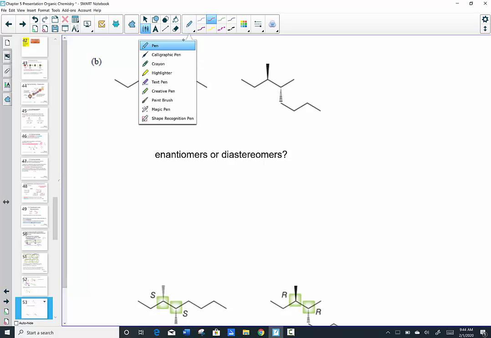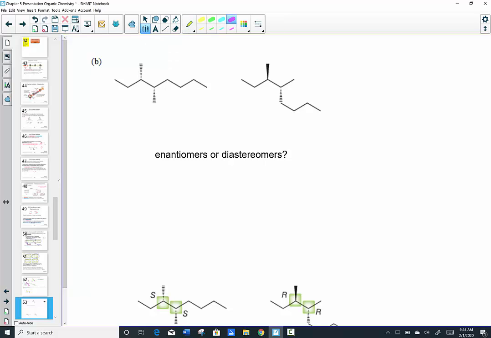So with this particular example, I notice that there's a chiral center here and a second chiral center here. What happens now is when I have redrawn this, what became a little unusual is, notice that we've had a movement of the carbon chain. So at this particular chiral center, the methyl group and the butyl group have switched places.